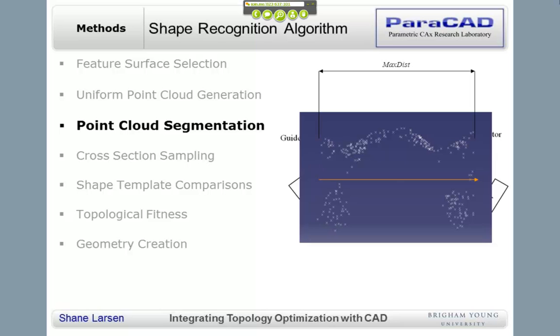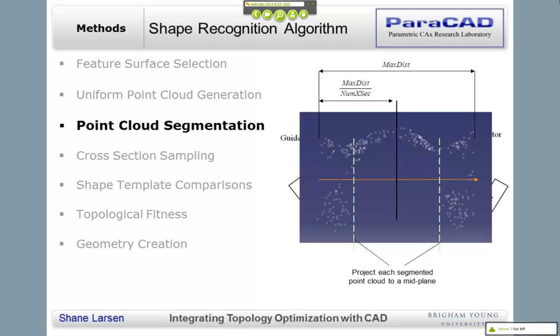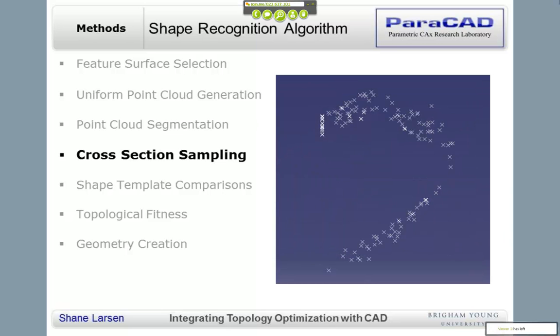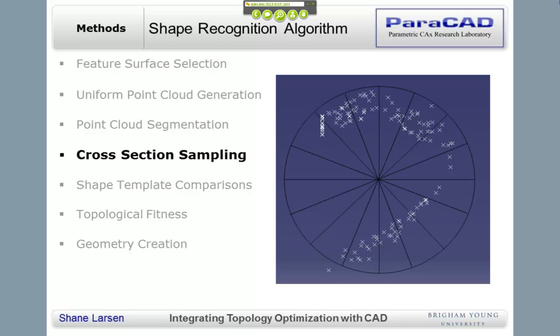He figures out the max distance. He figures out the number of sections. I'm going to divide this into two. And he takes a reading here and a reading there. And from that, he gets fewer points. And to those fewer points, he ends up putting them into a polar map.